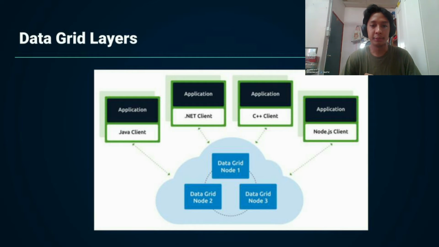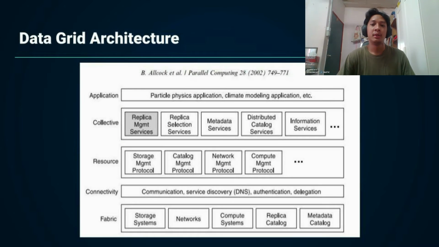As you can see in the picture, here are the data grid layers that show all applications being connected either locally or remotely to one cloud that consists of many layers of the data grid. This is the data grid architecture. At the lowest fabric level of the architecture are the basic components that make up the grid, including storage systems, networks, and computational systems. At the connectivity layer are various standard protocols for communication and security.